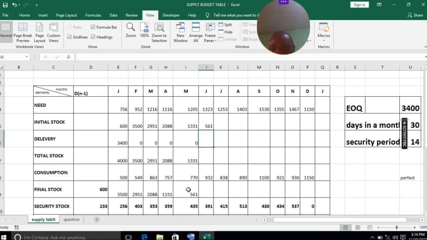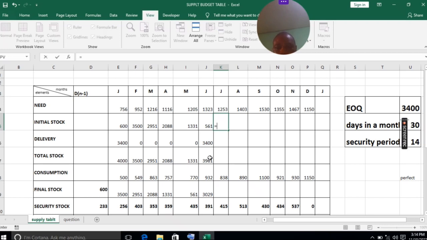So we need more stock, and the quantity of stock to receive is the economic order quantity, which is 3,400. So our total stock in hand now after replenishment will be this plus 3,400, which is equal to that. Then the final stock will be total stock minus consumption of June, equal that 3,029.